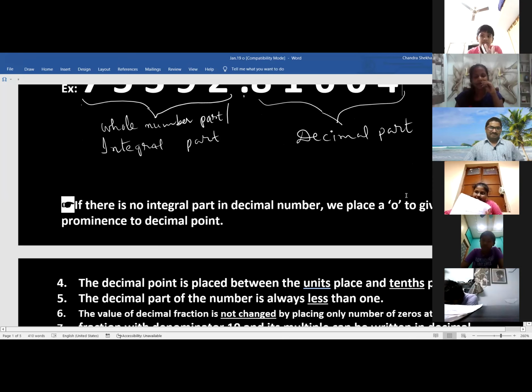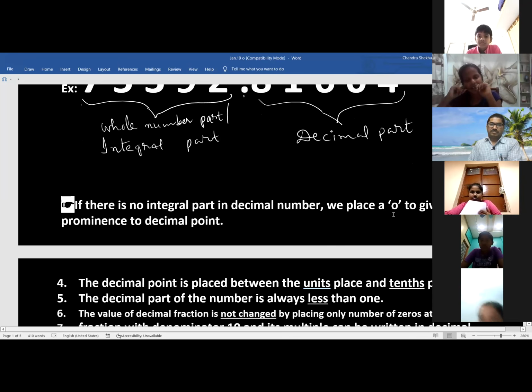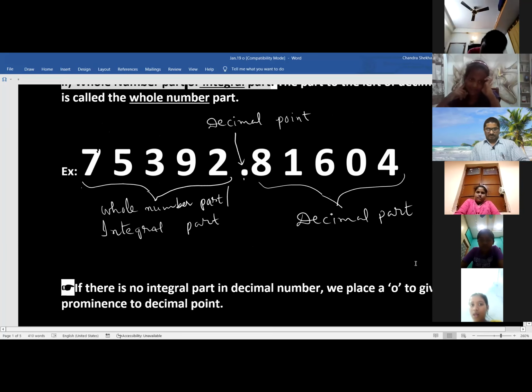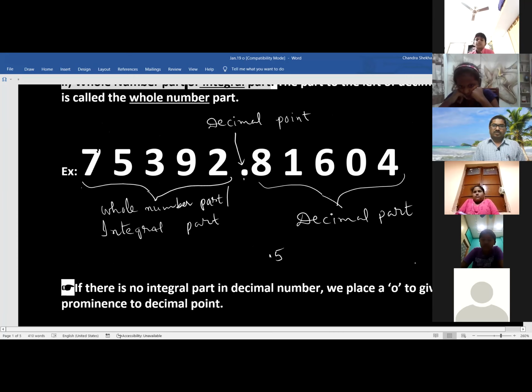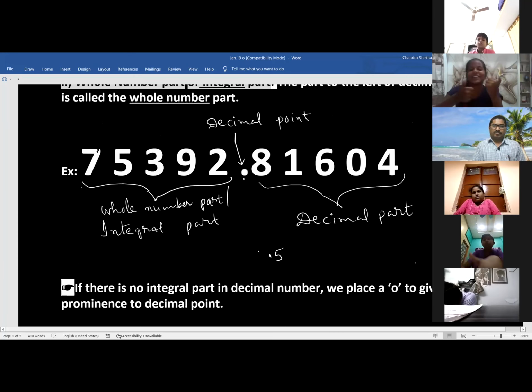Yes. If there is no integral part in a decimal number, we place a zero to give prominence to the decimal point. Suppose it is 0.5. Why should we keep this zero?